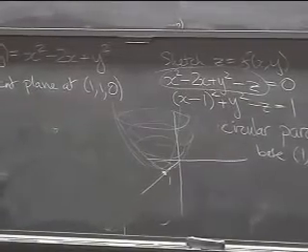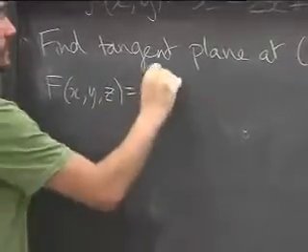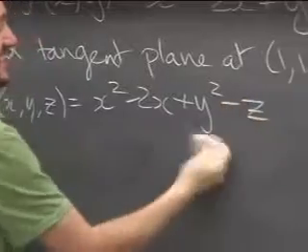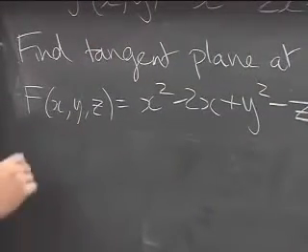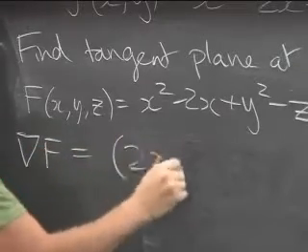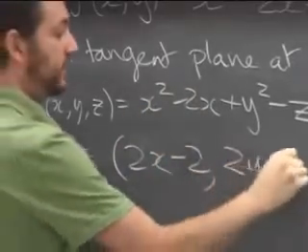So I'm going to call capital F of x, y, z to be x squared minus 2x plus y squared minus z. And I want the gradient, which is (2x minus 2), that's the derivative with respect to x, comma 2y, comma minus 1.